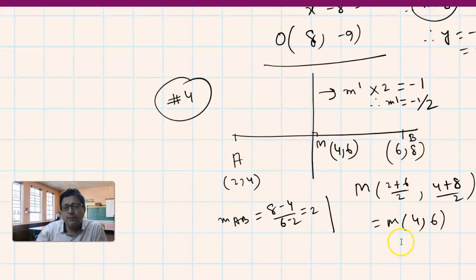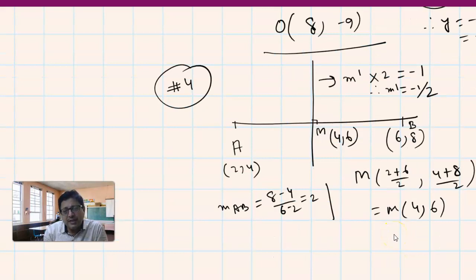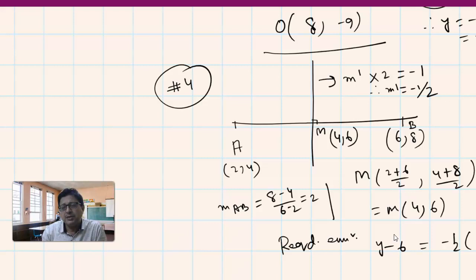So the required equation of this perpendicular bisector is y minus 6 equals minus half into (x minus 4). This way you can find the equation of the perpendicular bisector of the line segment joining the points A and B.